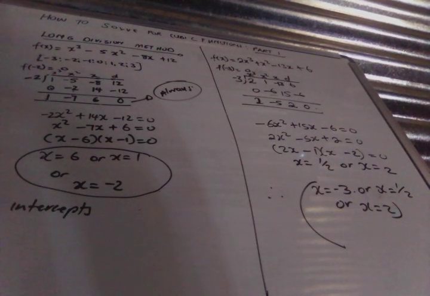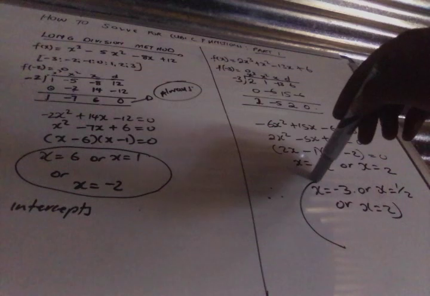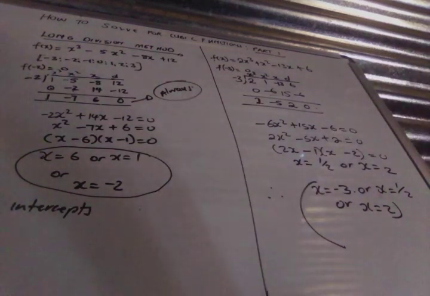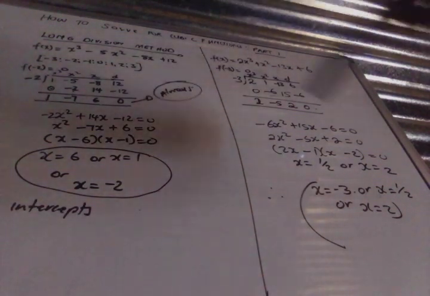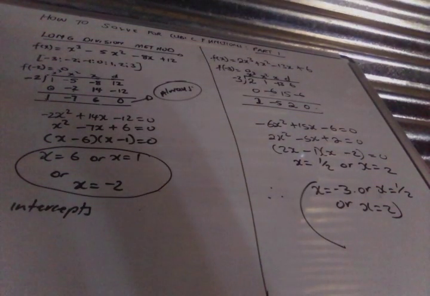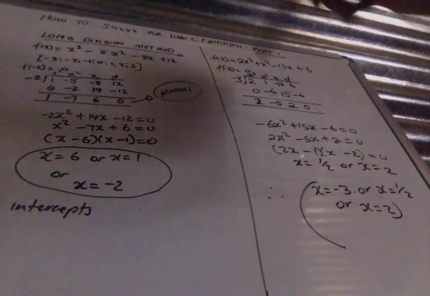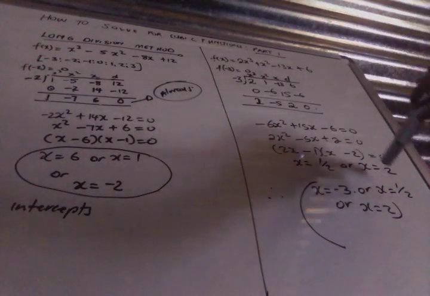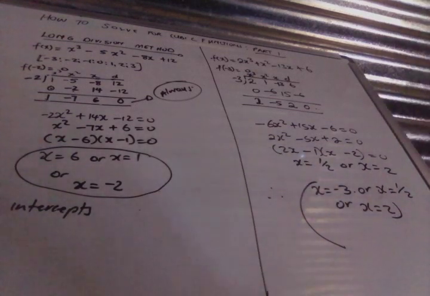You will have (2x minus 1)(x minus 2), which means x is half, x is 2. But remember, when you're looking at our x values for this whole function, we'll have to start with the original x-intercept that we got, which is -3. So we'll have x is -3, x is half, which is what we just got here, and x is 2, which is what we also got here.